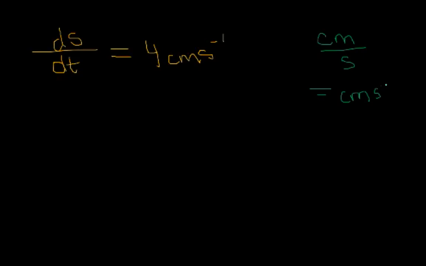I just chose S to be my symbol for the side. You could use L for length. It doesn't matter, right? And they told me that this is equal to 4 centimeters per second. And it makes sense, this unit, right? Because length is in centimeters, time is in seconds. So if I wanted to calculate the units, let me just show you, centimeters on seconds. This would in fact give me centimeters per second, right?